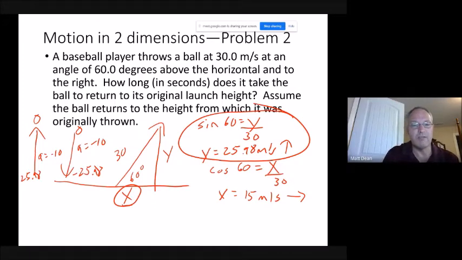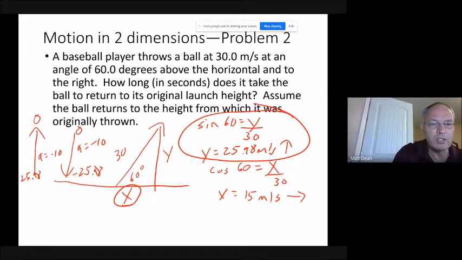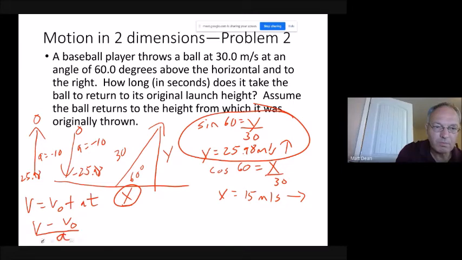So just like we did in the first problem, the easiest equation to use to find the time is final velocity equals initial velocity plus AT. Solve that for T. So that's our equation solved for T. And then plug in our numbers.